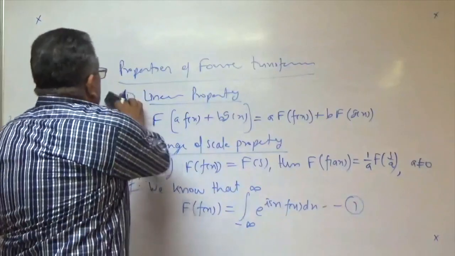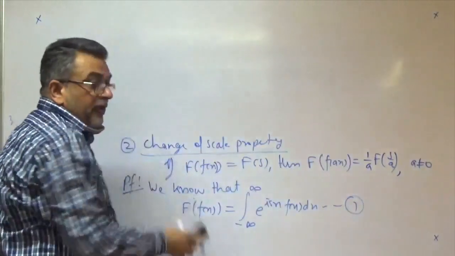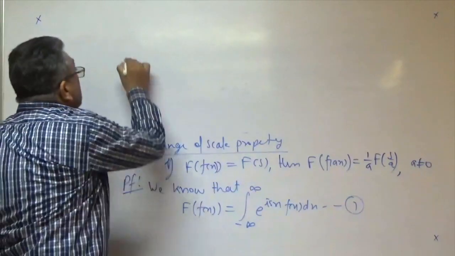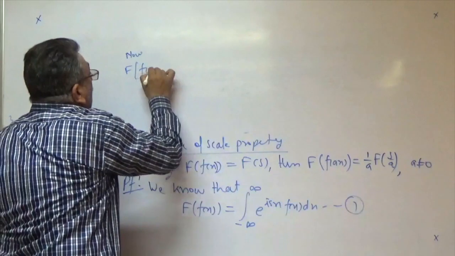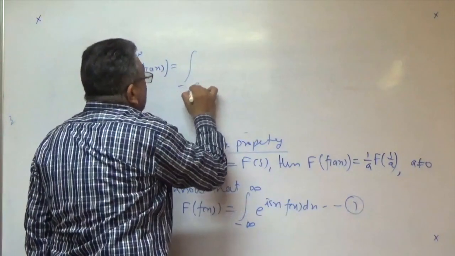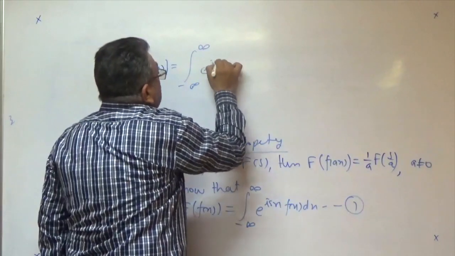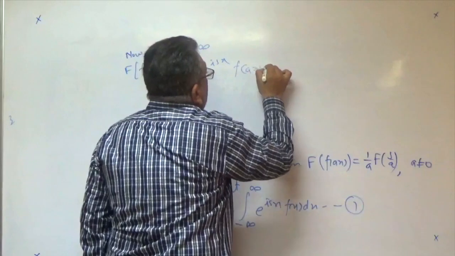Now here we have to find the Fourier transform of f(ax). By this formula, we get the integral from minus infinity to infinity of e to the power isx, and in place of f(x) we have f(ax).